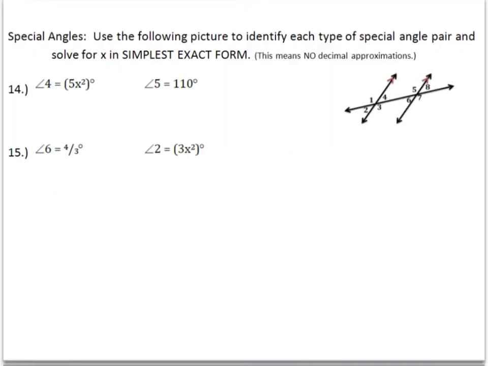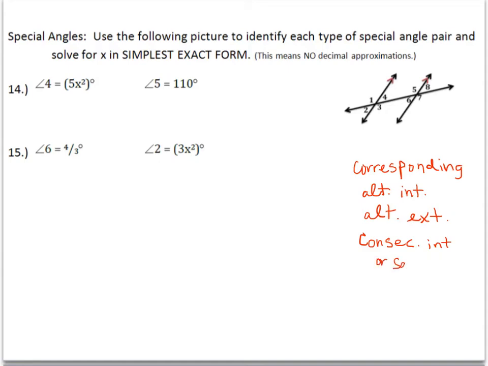Okay, our special angles, a lot of you forgot the names of these. Let me just write those over here. We have corresponding, alternate interior, alternate exterior, consecutive interior, or this one was also known as same side interior.